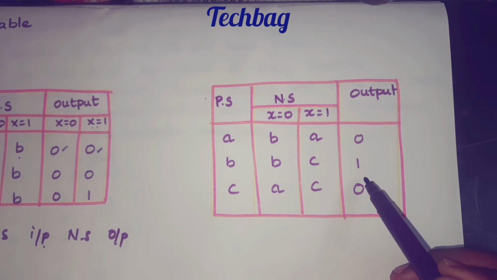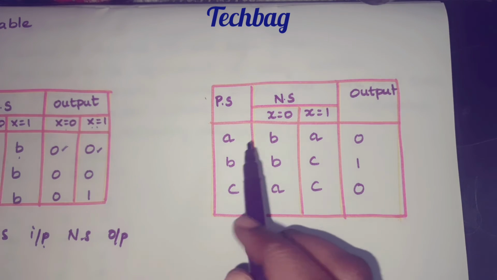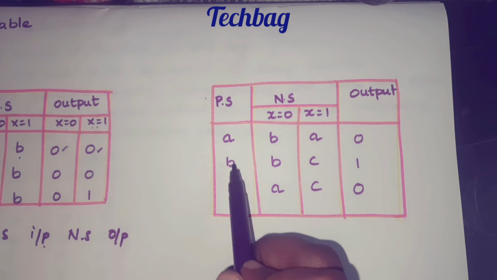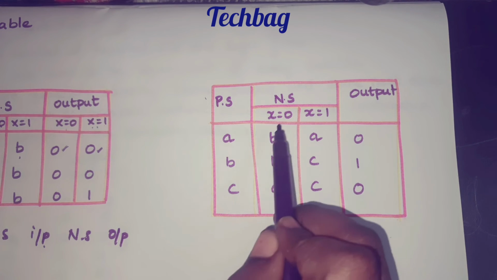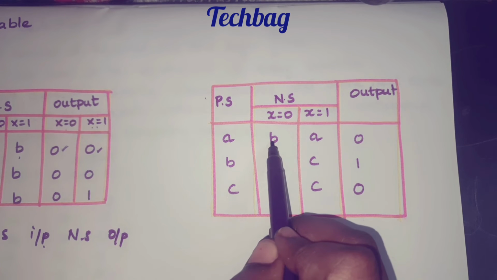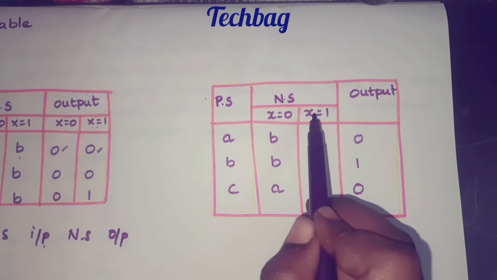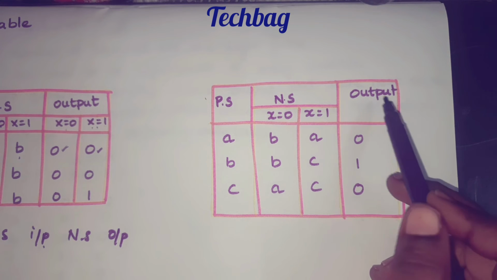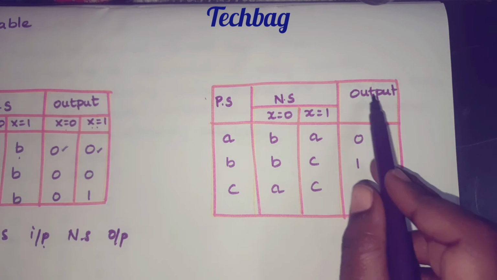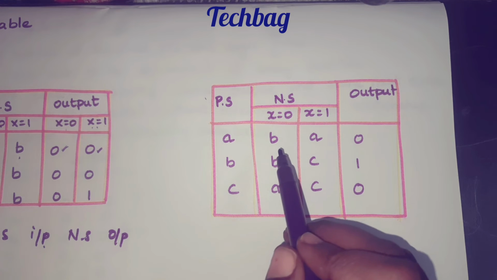This one is the state table of Moore model. Here also there are 3 states A, B, C. Okay, so if your present state is A, input is 0, then next state is B. Present state A, input 1 means next state will be A. In Moore model, we know that output does not depend upon the external input.